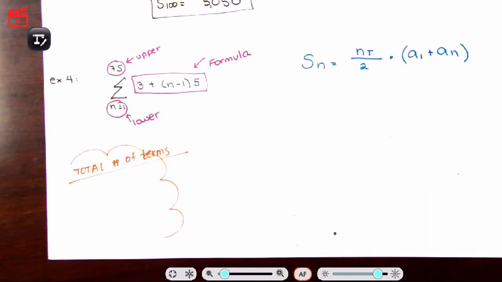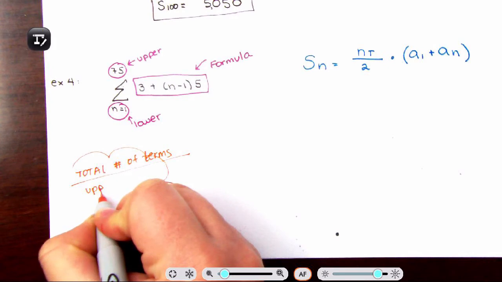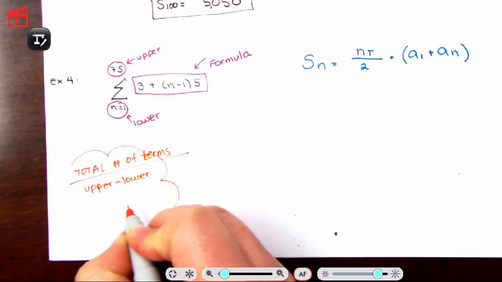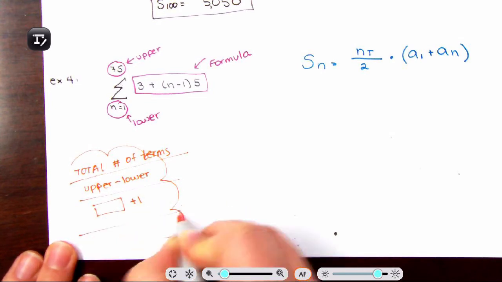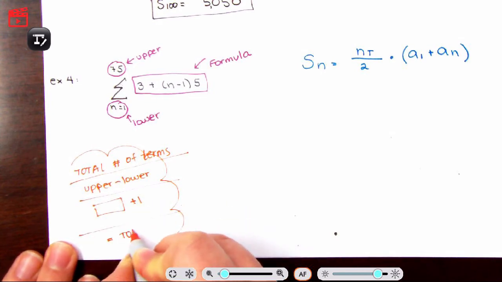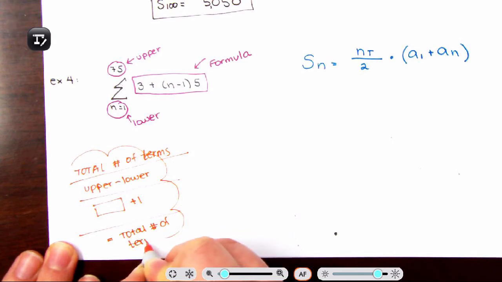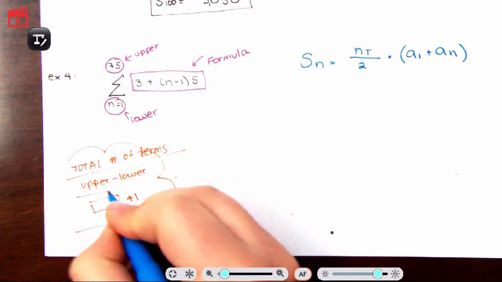Not what are the numbers? Not where do they start, where they end? How many of them? So you're taking your upper minus your lower limit, and then whatever that is, you're adding 1 to that. That then equals your total number. So my upper limit is 75.